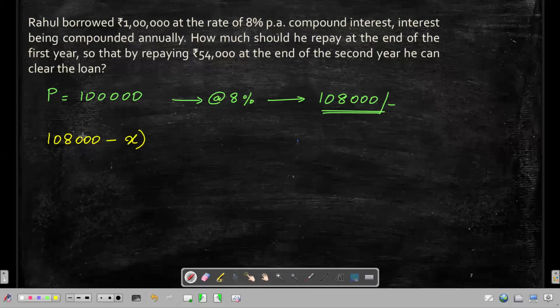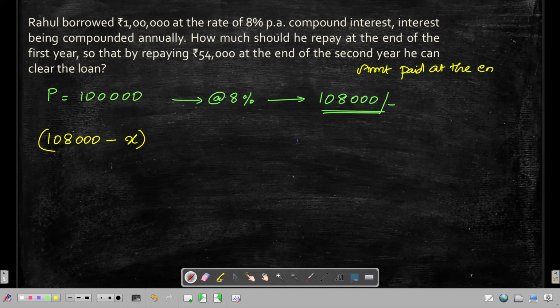So I'm just referring to it here: the amount paid at the end of year 1 is equal to some X rupees.